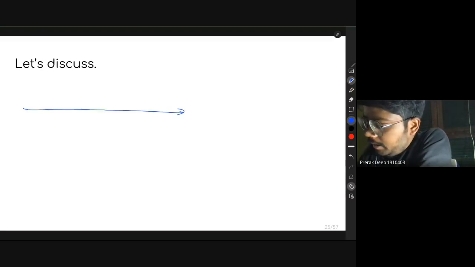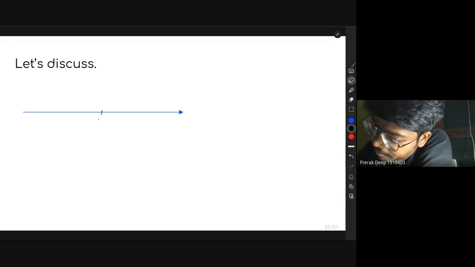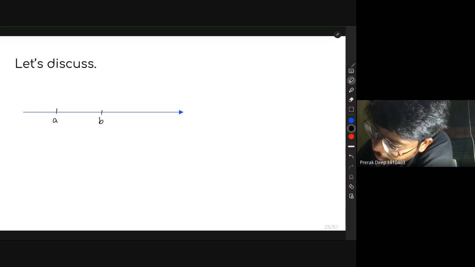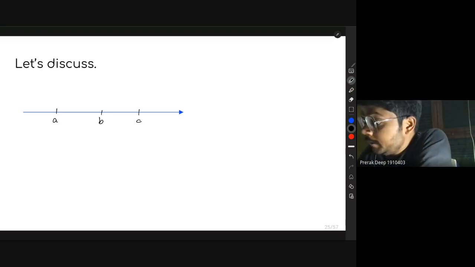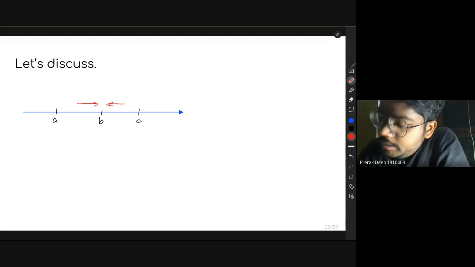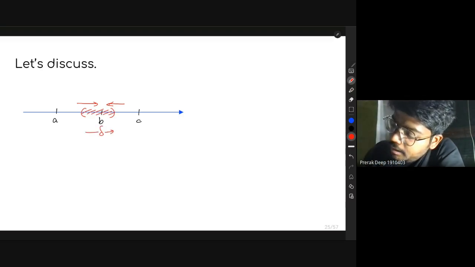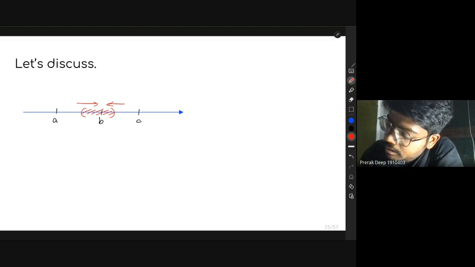So let's say this is my real line. In this real line, this is my point b, this is my point a, this is my point c. Again, I'm approaching from two directions, one from the left hand side, another from the right hand side. This is my delta radius domain.